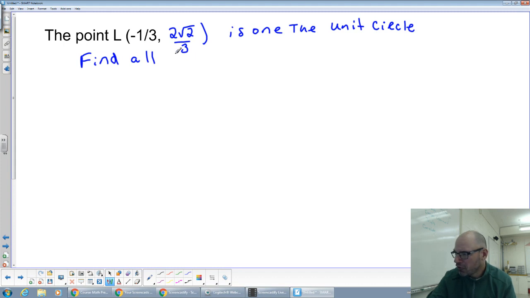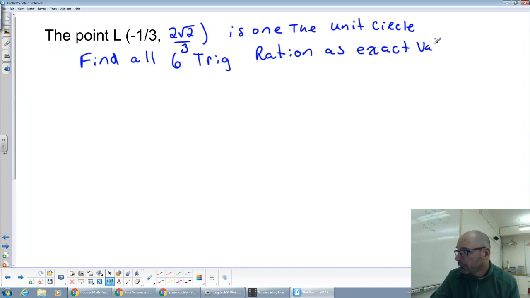So we're not going to use the chart this time because this one isn't, it's kind of in between. But all we have to do is use our formulas.